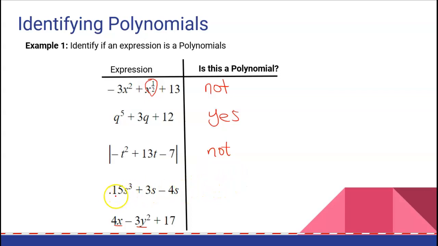Just because it has a 0.15s to the third does not mean it is not a polynomial. Remember, our coefficient does not affect whether we have a polynomial or not. 4x minus 3y squared plus 17 is a polynomial. Again, a polynomial does not judge whether it has more than one variable.